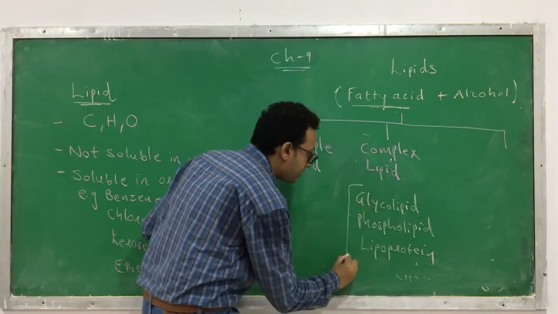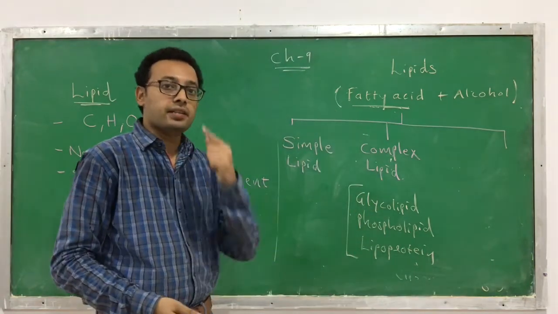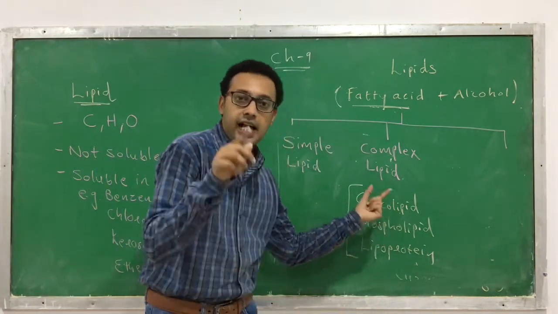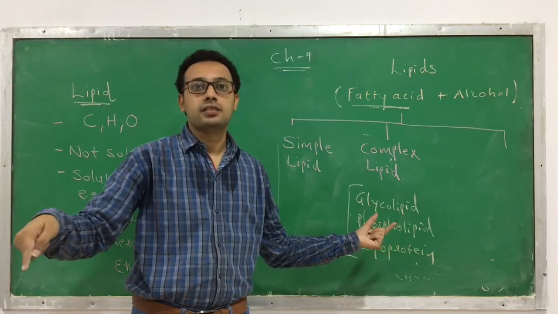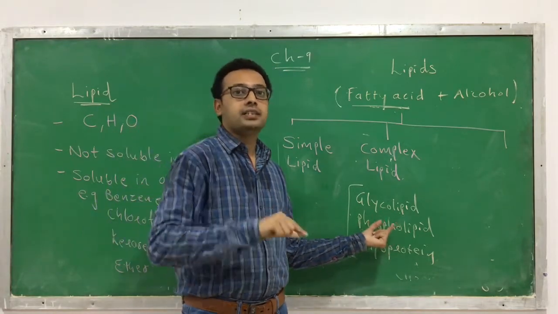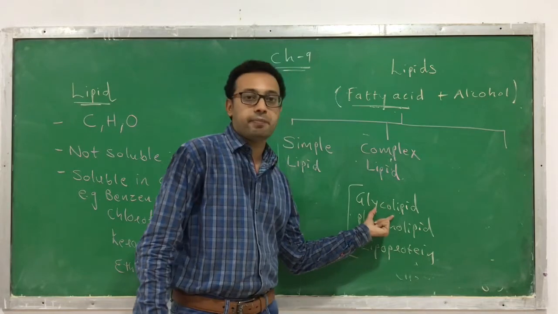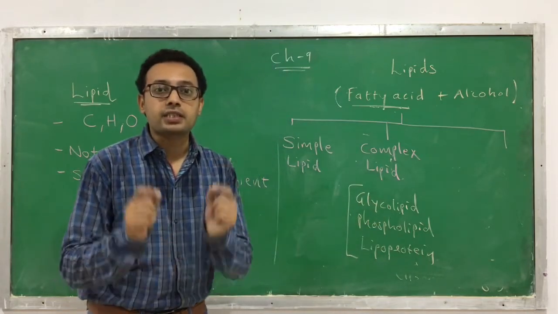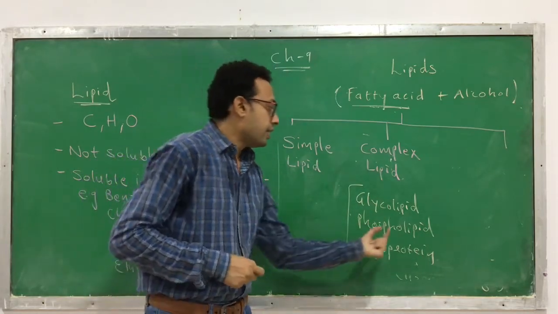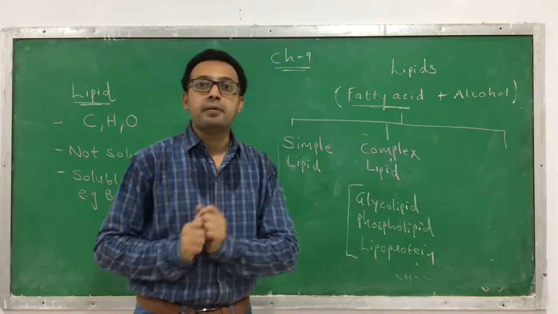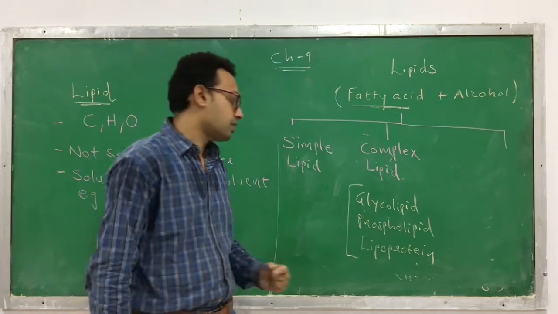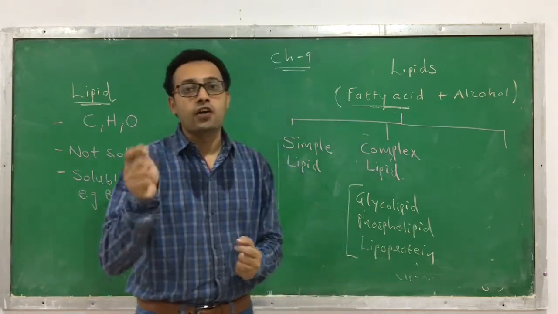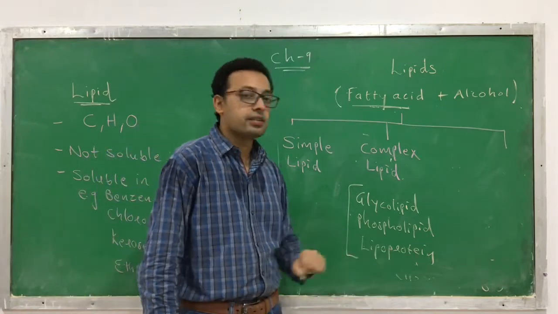These all three are complex lipids, meaning they contain fatty acid, alcohol plus a non-lipid constituent. In glycolipid, the non-lipid constituent is carbohydrate. In phospholipid, it is phosphorus. And in lipoprotein, it is protein.